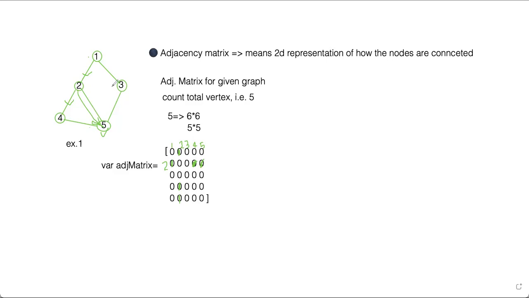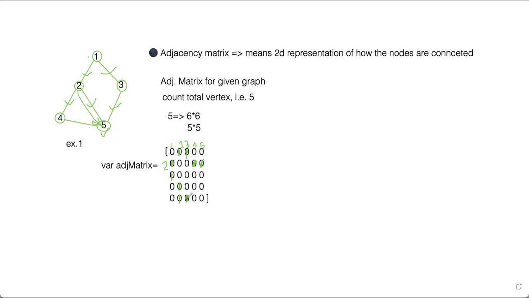Similarly go to 3, so this is also done, right? So now 1 comma 3 and 3 comma 1. So 1 comma 3, right, and 3 comma 1. Now again 3 to 5, go for this branch also, 3 to 5. So 3 comma 5, and similarly we have to go for 5 comma 3.